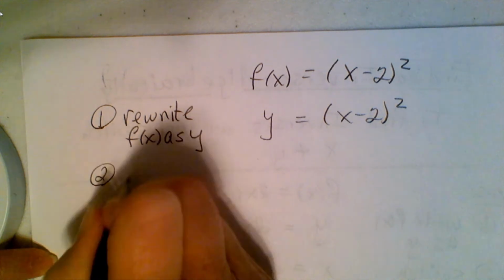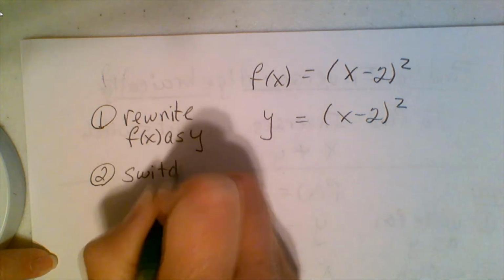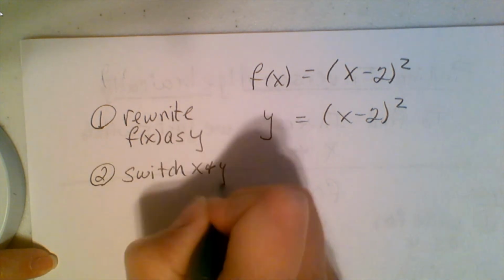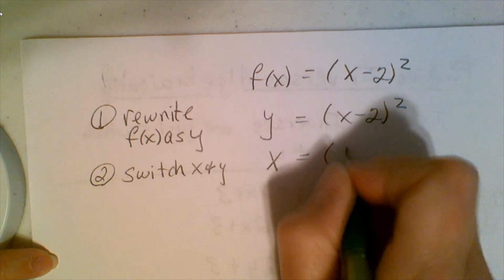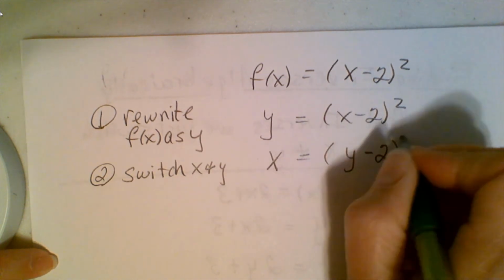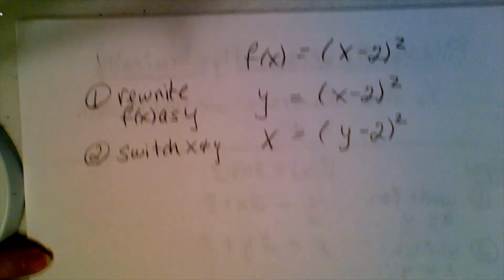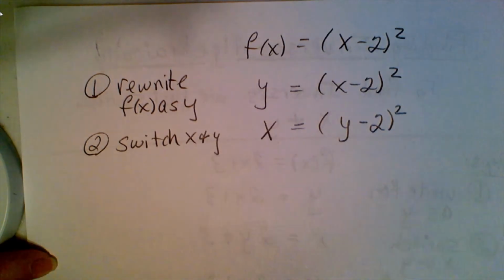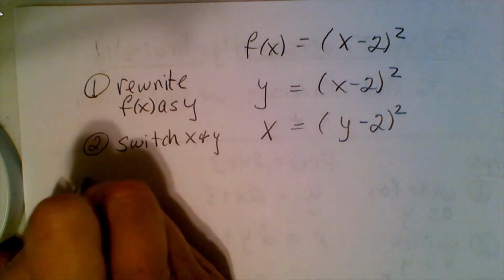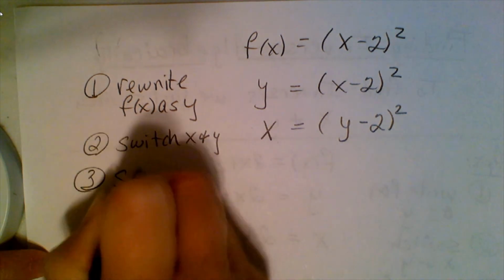Step 2, switch x and y. Again, if there was more than one x in some more significantly harder problems, we would have to put y everywhere we saw the x's, or where they used to be. Step 3, solve for y.